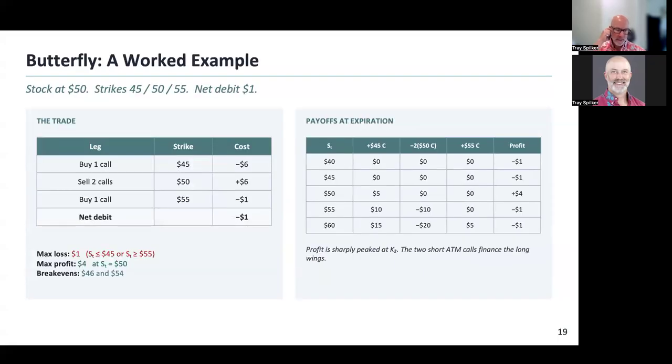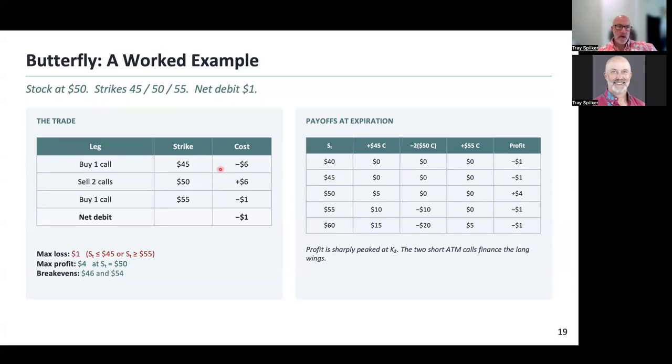Let's say the stock is at 50 bucks and we're going to use three strikes. So we typically will set these up symmetrically, meaning we have one at $45, one at the money at 50, and then one out of the money at 55. And when we engage in this trade, here's the cost for us. To buy this first one, it costs us $6.